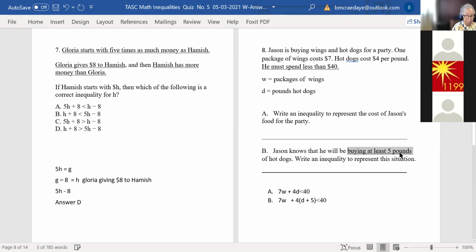You put the 5 added to the pounds of hot dogs. So you know you've got at least 5 if 5 is added to D, the pounds of hot dogs bought.